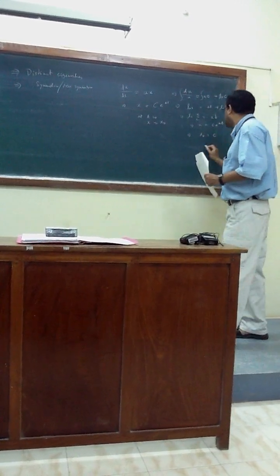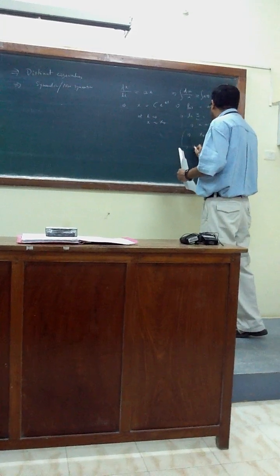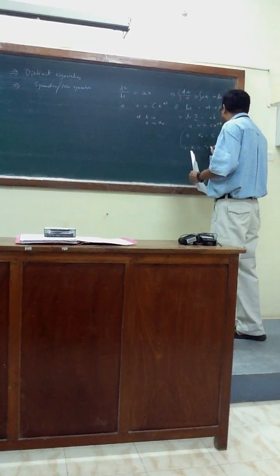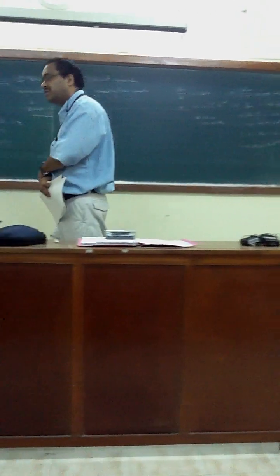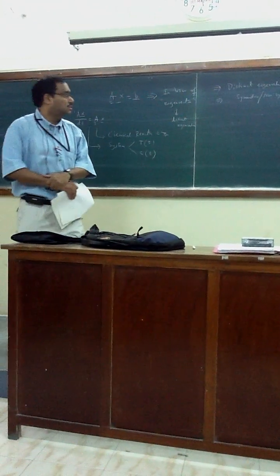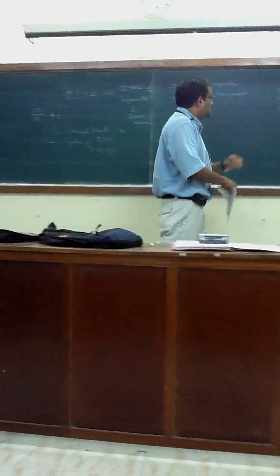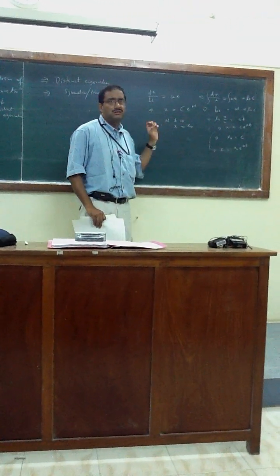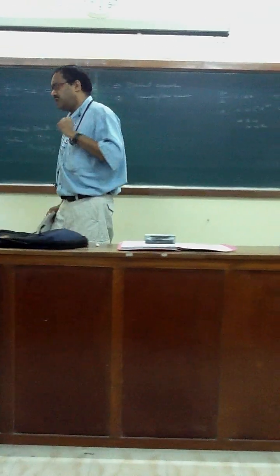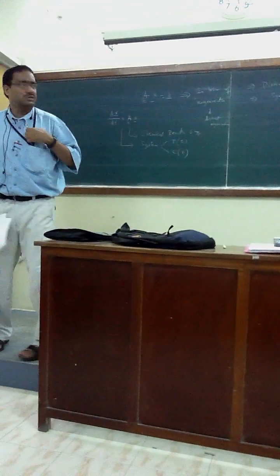So x0 equals c, and your solution is x equals x0 e to the power at. Right? So now you can see this type of problem will have a unique solution.